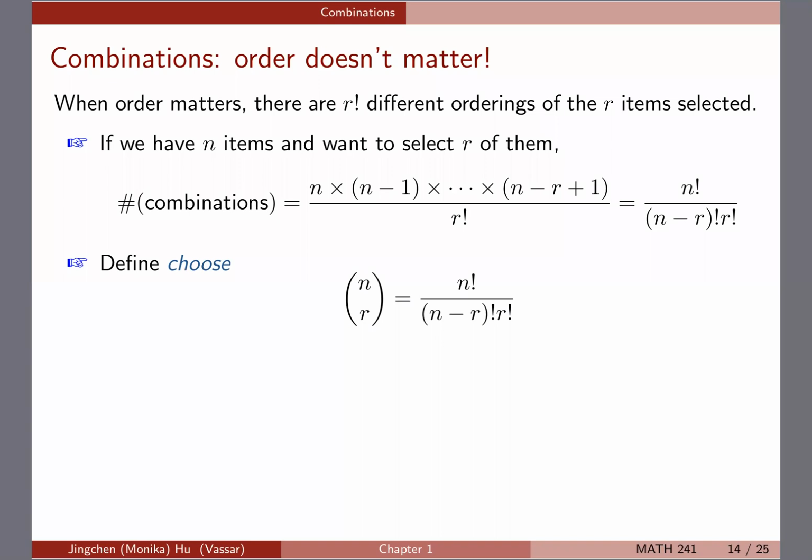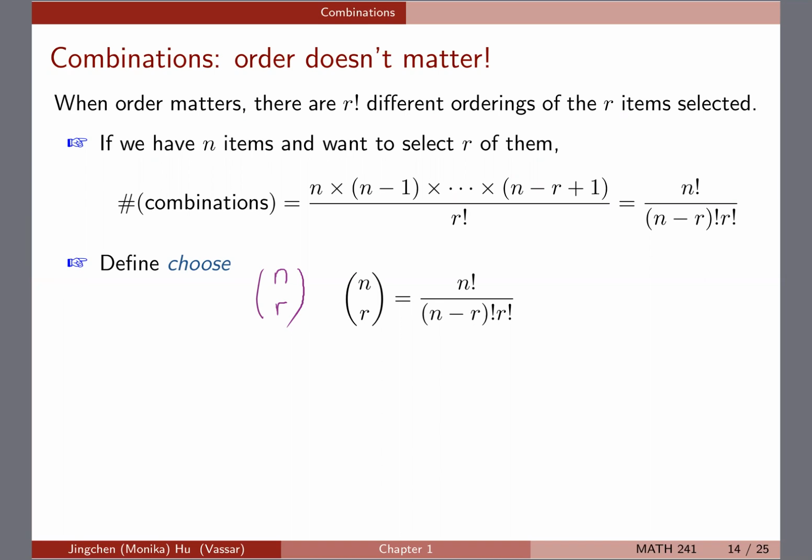For simplicity, we're going to define a choose function, and we write it as a big, tall parenthesis, and we write the number of items n on the top, and then the number of items that you're going to choose, R, on the bottom.